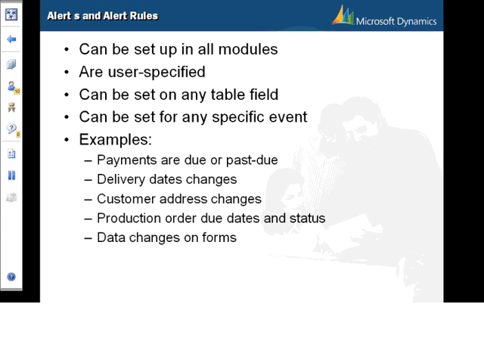Users can use alerts to be notified when a payment on a purchase order is due and past due, when delivery dates have been changed, when a customer address has changed, or when a production order due date has been reached and the order is not reported as finished. Alert rules are user-specified and can be set on any table field or for any specific event.